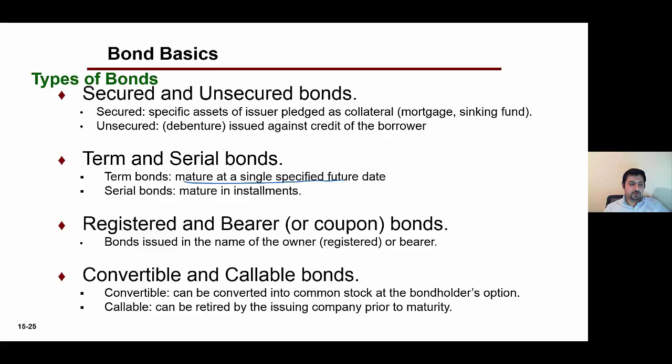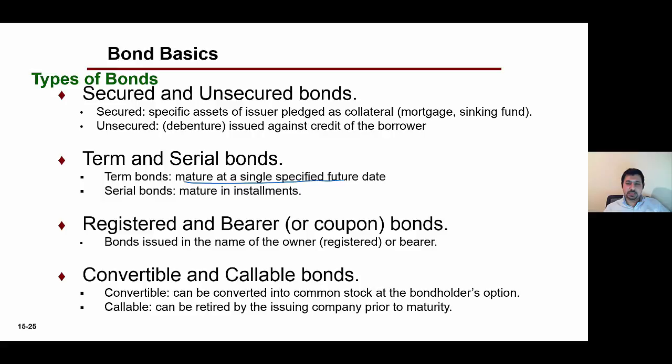There's also convertible and callable bonds. Convertible bonds have the option of being converted to common stock, depending on the bond owner, if they want to convert from bond to common stock.